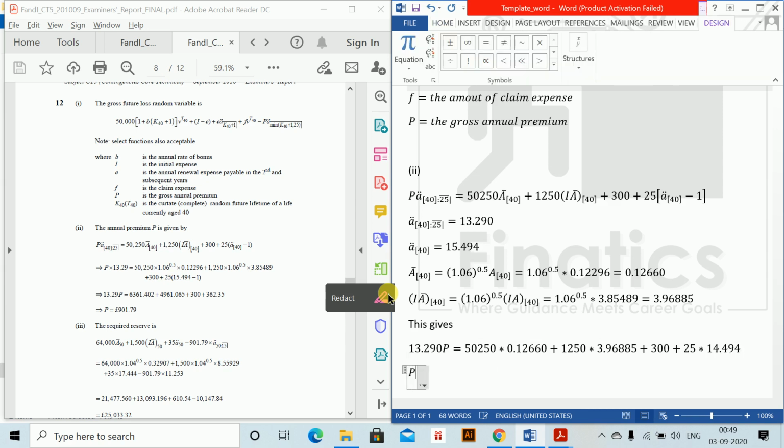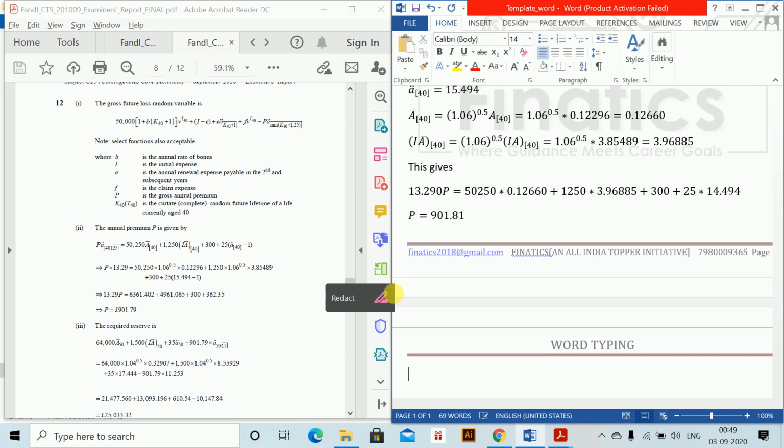Solving this, we have P is equal to 901.81.